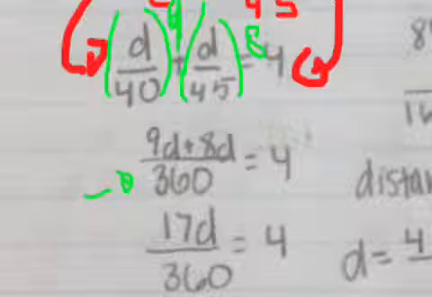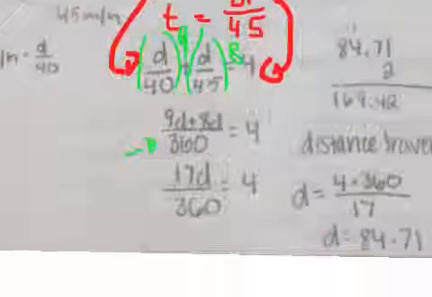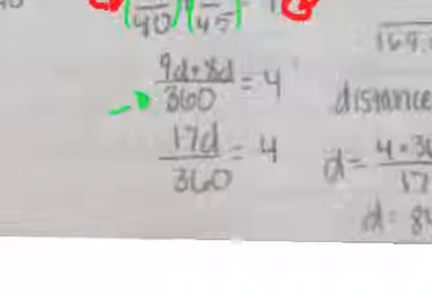And then she did 9d plus 8d gives you 17d over 360, because we have the common denominator.